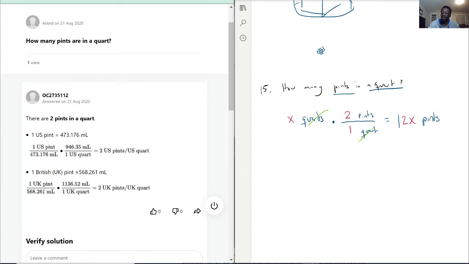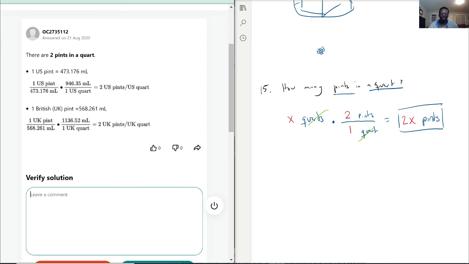What does that mean? It means that whatever value you're given for quarts, say you had 6 quarts, that would be 12 pints. If you're given 3.5 quarts, that would be 7 pints, because the relationship is 2x. Whatever you have for the quart, you multiply it by 2. And this is correct.